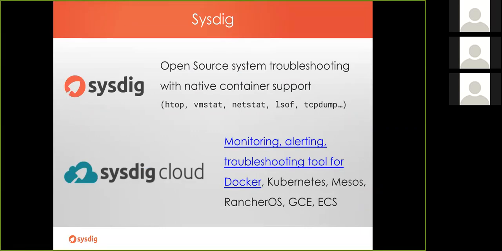If you don't know Sysdig open source, it's probably easier if I tell you that it's a combination of htop, vmstat, netstat, lsof, tcpdump, and a few other small Linux and Unix tools that you would be using for any kind of troubleshooting. They have been combined into one that in addition gives full visibility of what your system or your containers are doing.